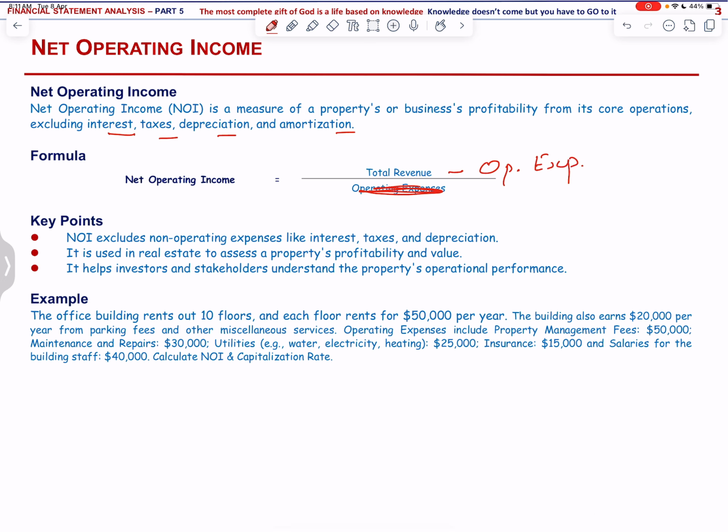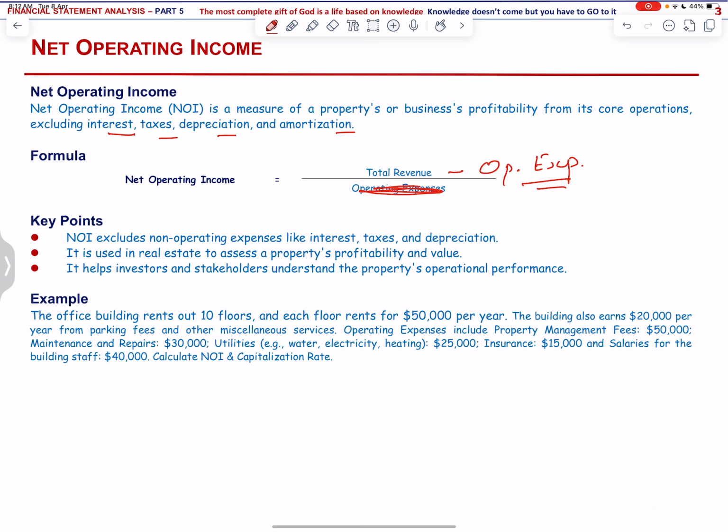So, the total revenue includes all income generated by the property or business such as rental income, sales revenue, service fees, etc. While operating expenses are the costs directly related to running the business or maintaining the property such as salaries, utilities, property management fees, repairs, and insurance. It does not include financing cost, taxes, or depreciation.